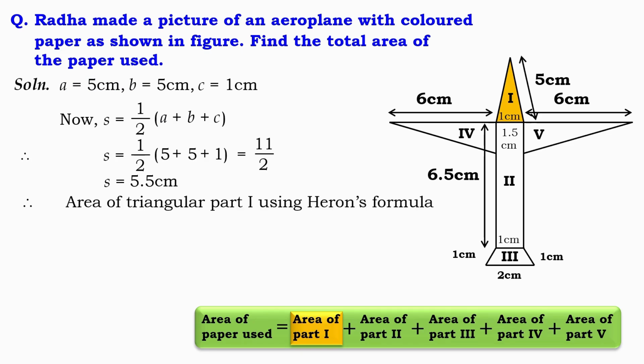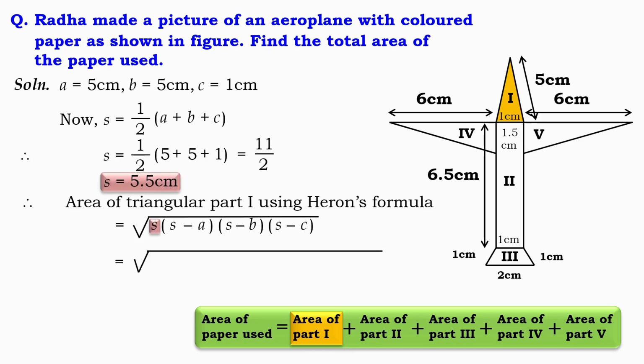Now find the area of the triangular part 1 using Heron's formula. That is square root of s into s minus a into s minus b into s minus c. Now put all these values together. So that is 5.5 into 5.5 minus 5, 5.5 minus 5 again, then 5.5 minus 1.